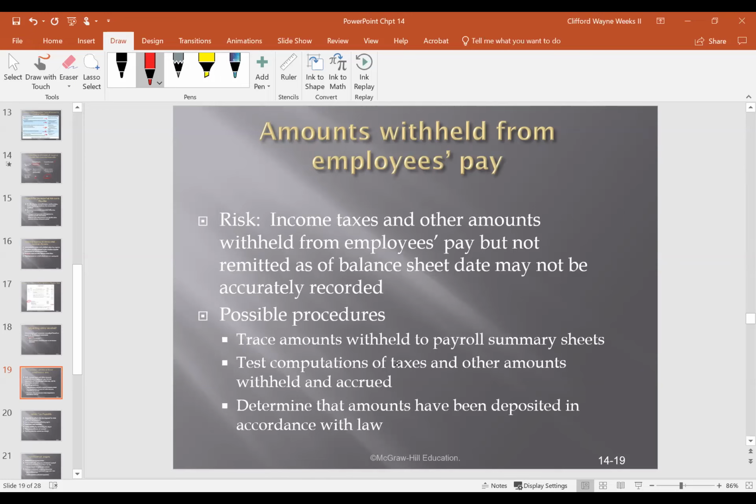And so if we hold those, we should be setting those up as a liability. So again, going back to accounting 201, where we did payroll, we withhold that money from our employees, and then periodically we send that money to the corresponding agencies.